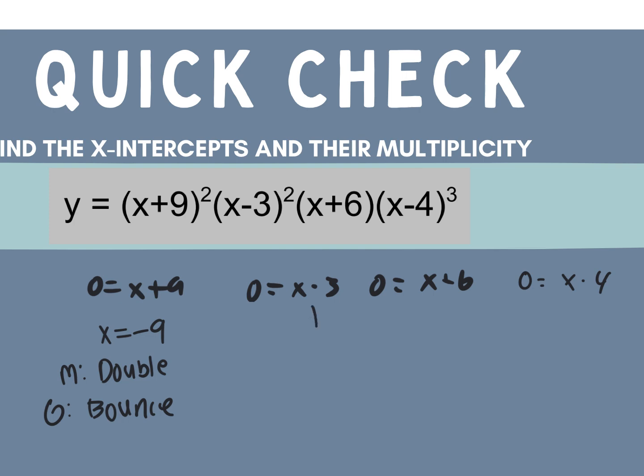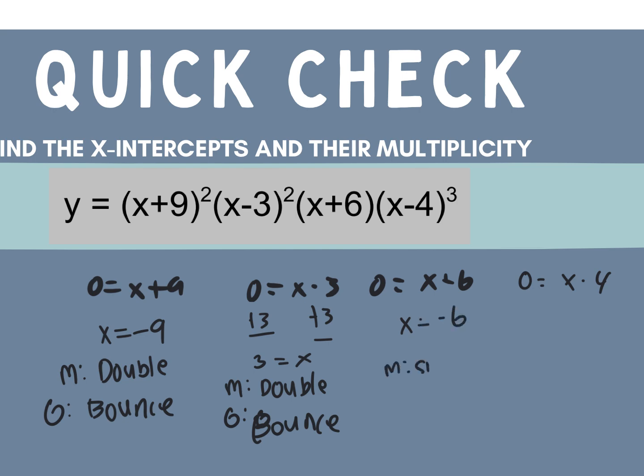The next one, if I add 3 to both sides, I end up finding that my x-intercept is x equals 3. The multiplicity is another double because we have an exponent of 2, and the graph will also bounce. Next one, we'd have an x-intercept of x equals negative 6. Multiplicity is a single, so we are just going to go straight through this graph.